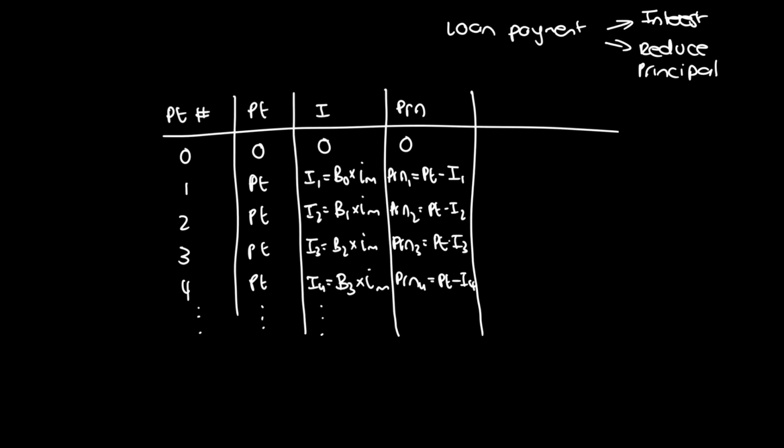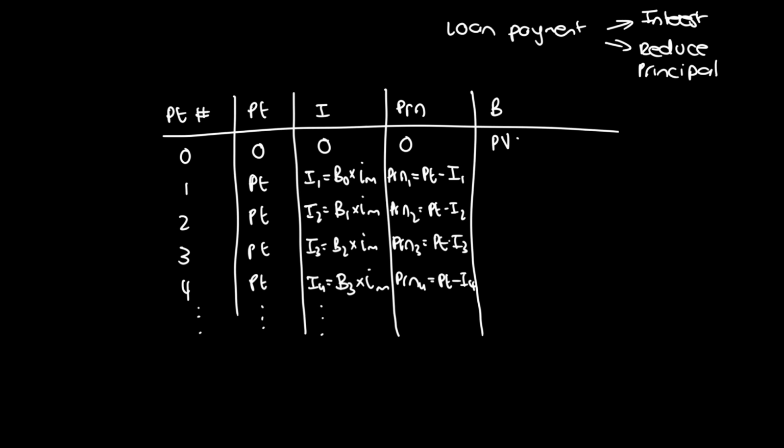Okay, so here we have this interest. So we're taking this payment minus this interest is going to give us our PRN, our principal reduction. So whatever of our payment doesn't go towards interest goes towards reducing the principal. And then we have the actual balance of our loan. So to begin with, it's our PV amount, right?